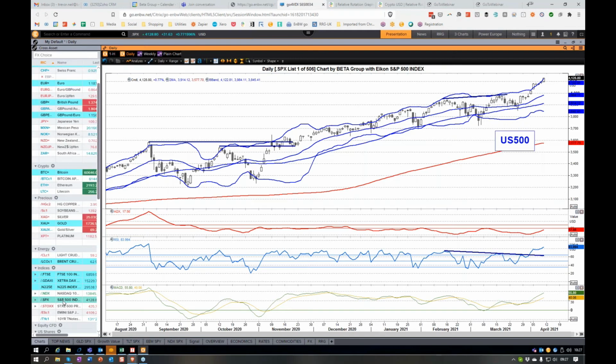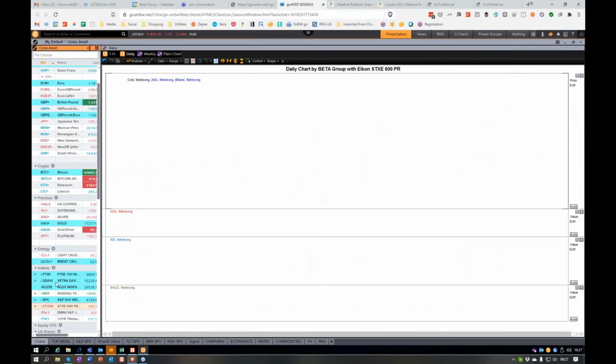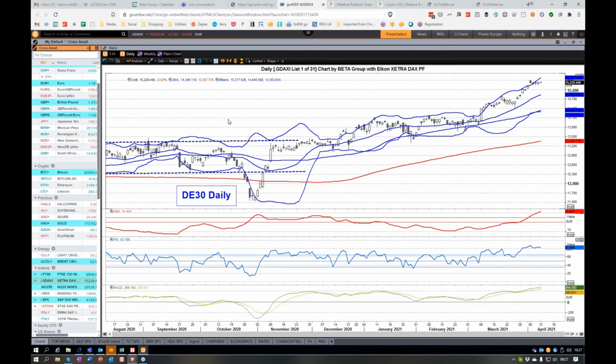The one that I like even more, and we talked about last week, is actually the German 30. We like this because it's got the advantage of the weak euro, and many of the constituents of the 30 are exporters and big beneficiaries of the weak currency, so we're getting a lead from the German market.